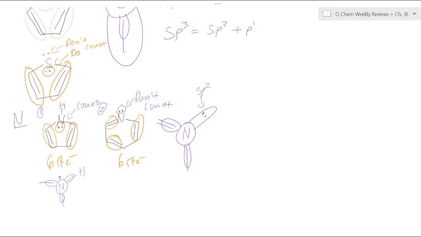Okay, so we do count it. So this is the pi bond. Okay, that's why it exists in the pi electrons. Alright, so hopefully that made sense. It could get a little bit tricky and it will trip you up in the beginning, but hopefully by the end of it you are an expert.